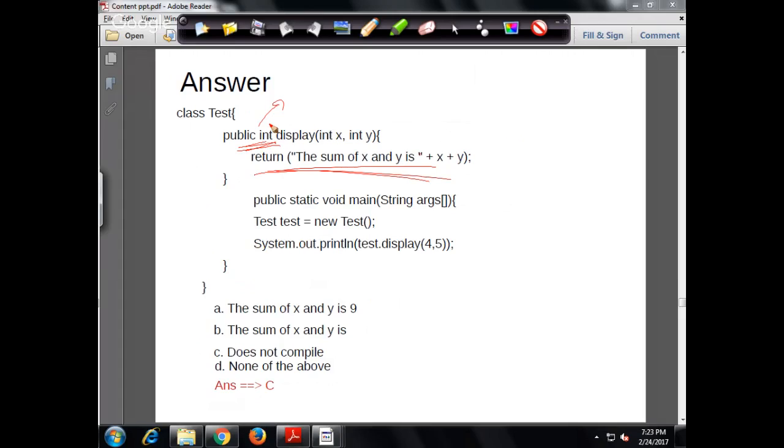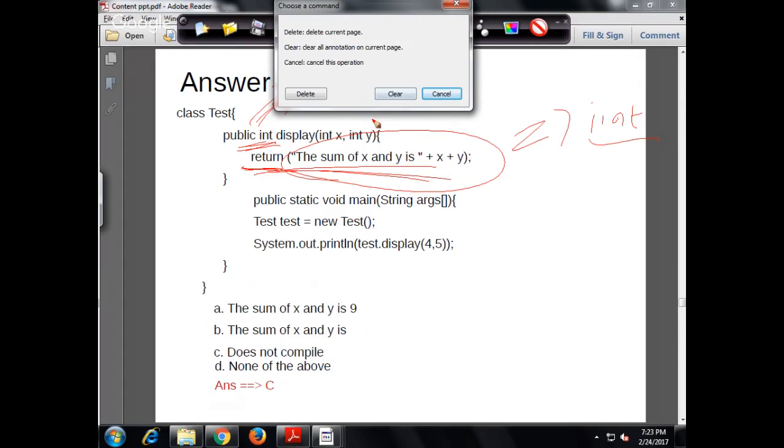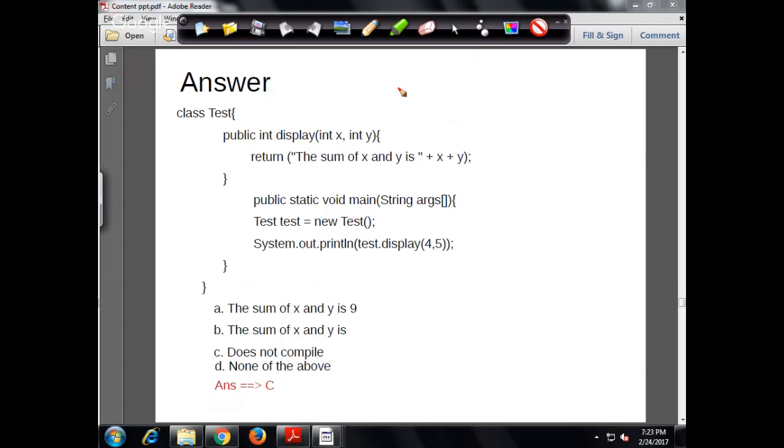Since in the declaration of the method we have specified int as the return type, when we are actually returning, the data type has to be int only. It cannot have any string in it, right? So this is the reason why the program will not compile and will throw an error. Okay, so I really hope that this was clear. It was a pretty simple question if you understand that particular concept.